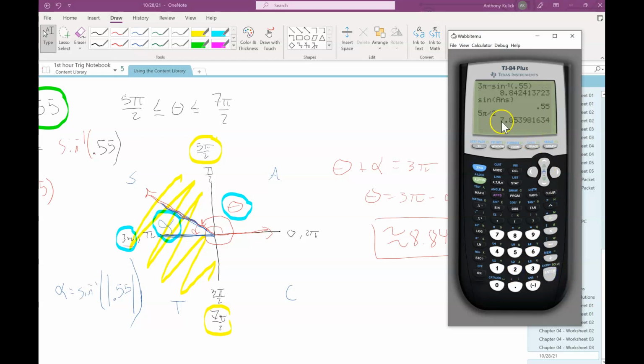So 5 pi over 2 is 7.8, so it's certainly bigger than that. And 7 pi over 2 is 10.99, so it's certainly smaller than that. So I'm positive that I have the correct answer, because that value of theta does give me 0.55 when I take the sine of it, and it falls in between the interval that I've been asked to find my answer in.